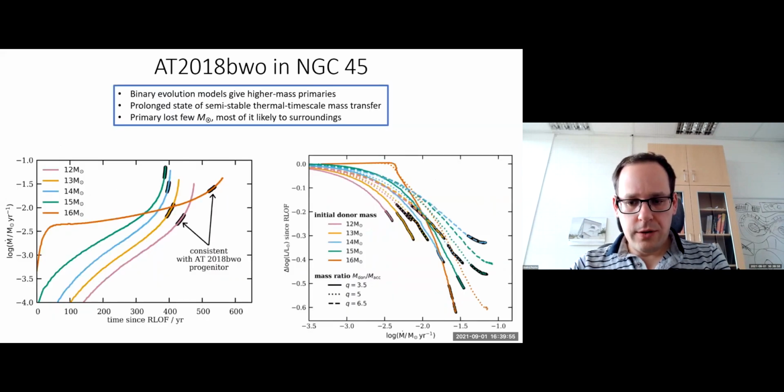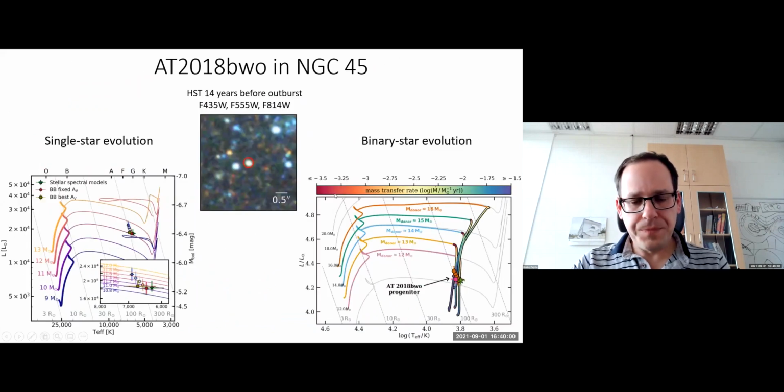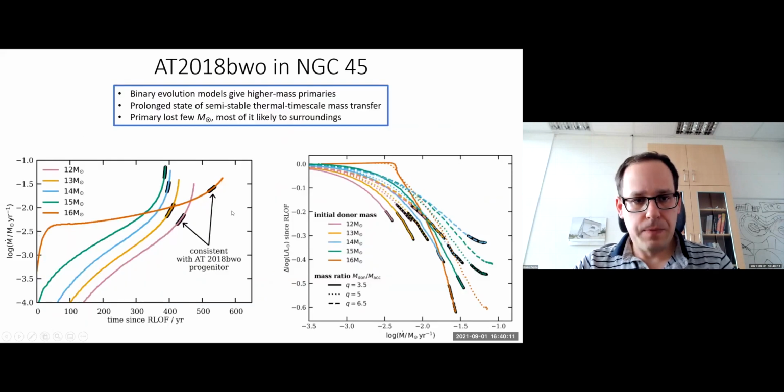So one conclusion from this is that the masses of the primary that we get are higher than from the single star evolution, but we can do many more things.